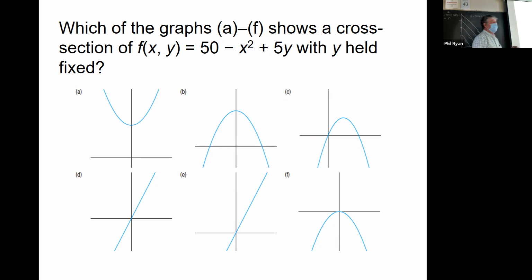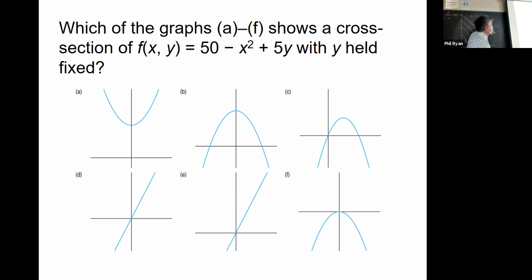So we've fixed y as some kind of constant. So this is going to be z equals some bigger constant, where we put 50 and the 5c together, minus x squared. So this is what cross sections look like. What is this? This is upside down parabolas, right?